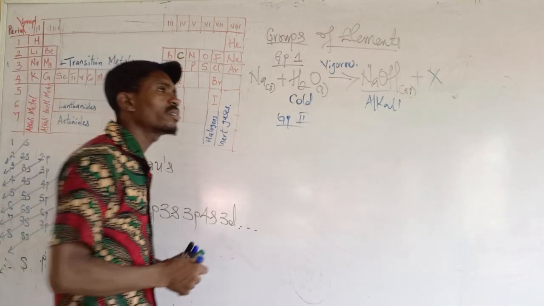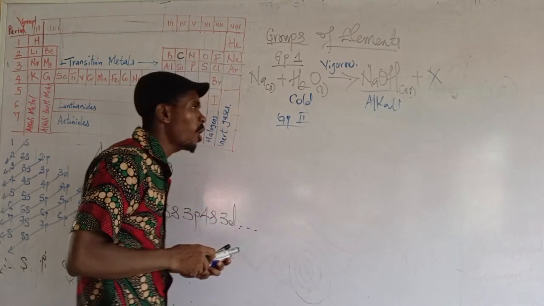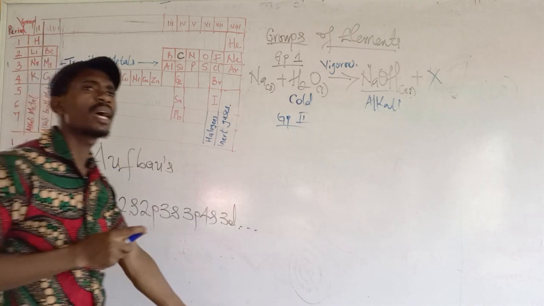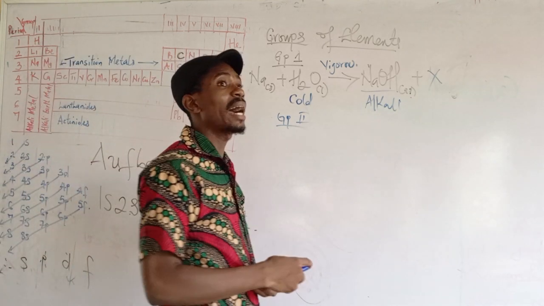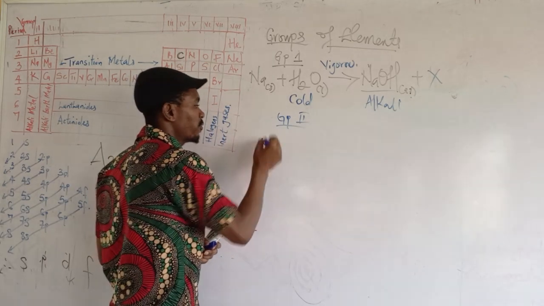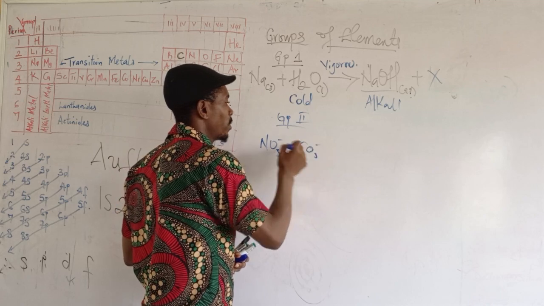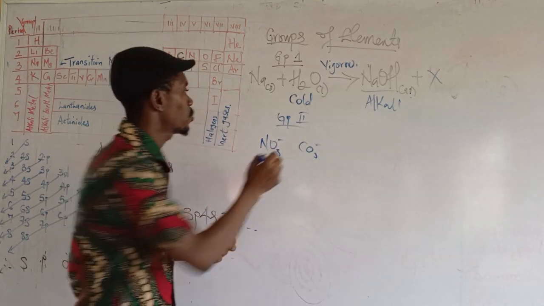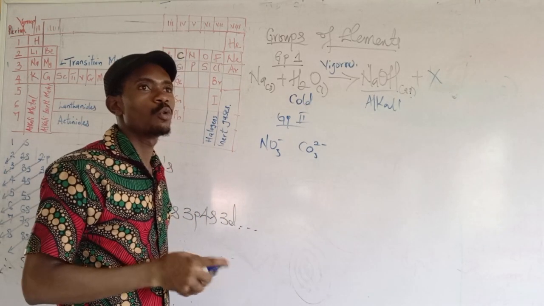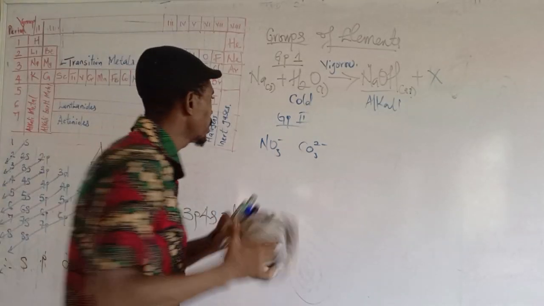Something important about them is that their nitrates, NO3, and their carbonates, CO3 2 minus, are heat labile, which means when you heat them, they can decompose.